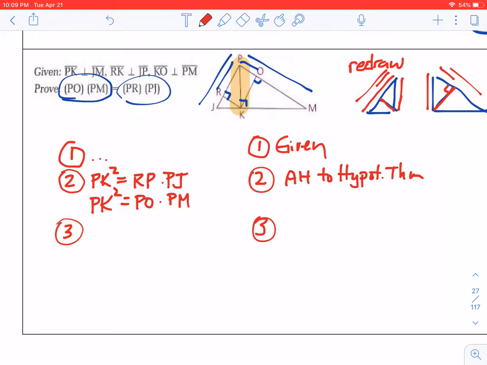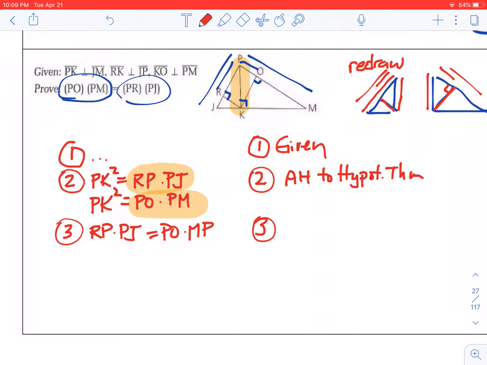All right. Now by substitution, we can take this piece and set it equal to this piece, correct? So RP times PJ equals PO times PM.